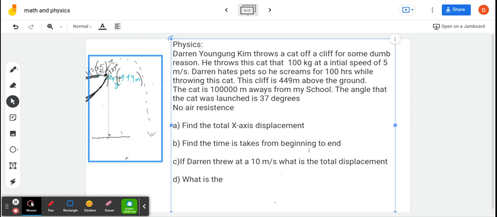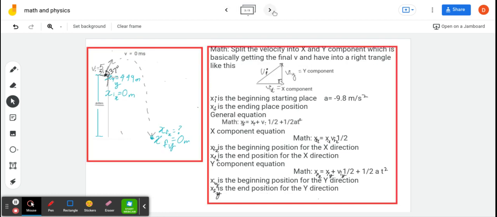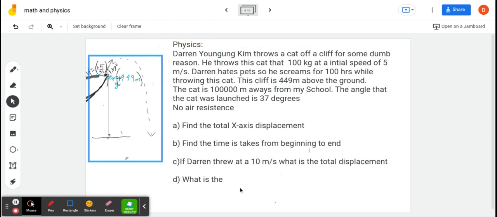What is the rate of change? No. Oh, right, that's no longer there.